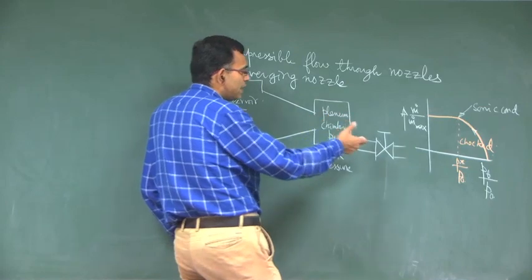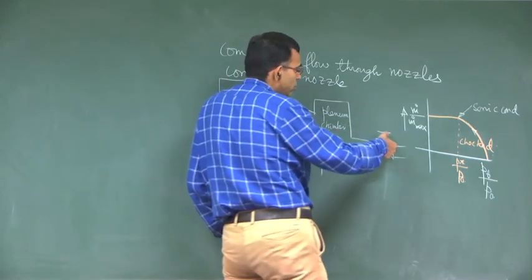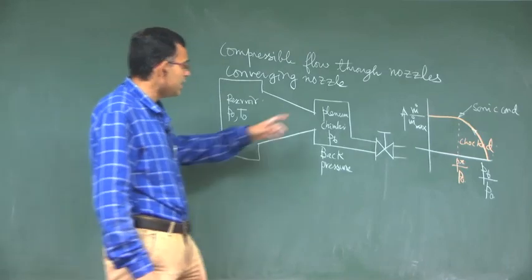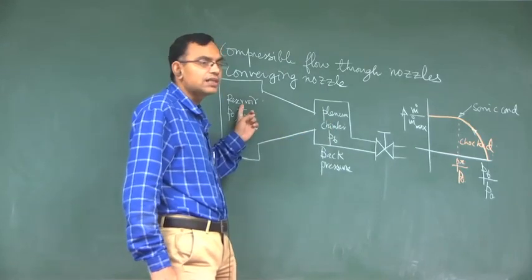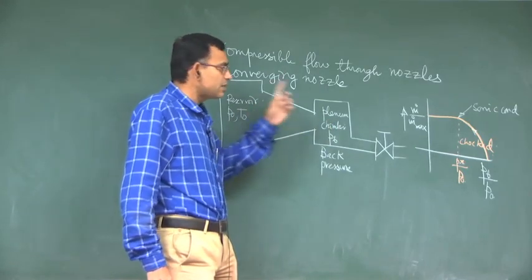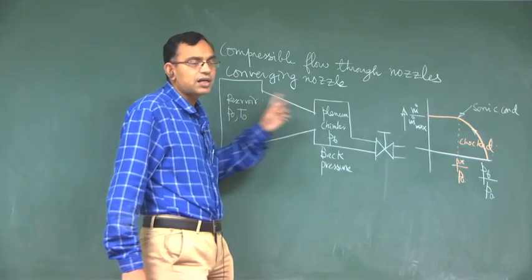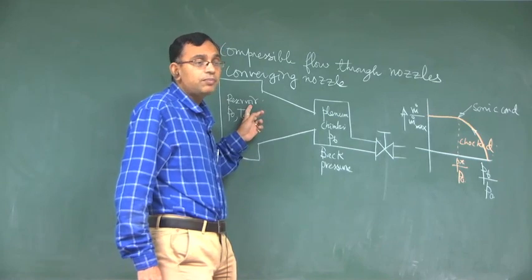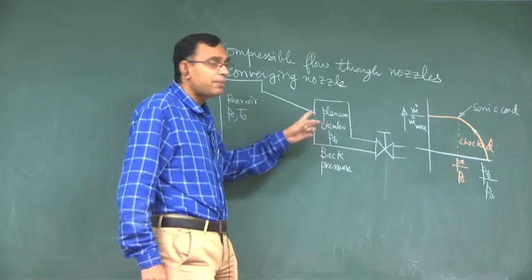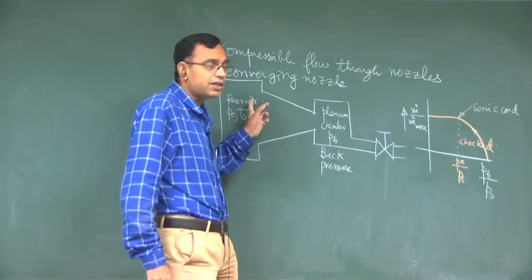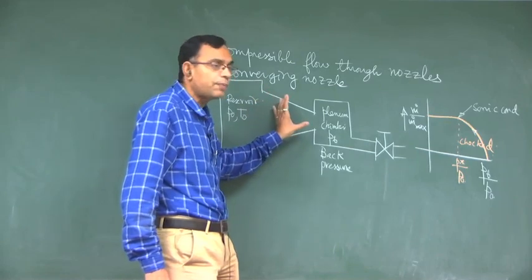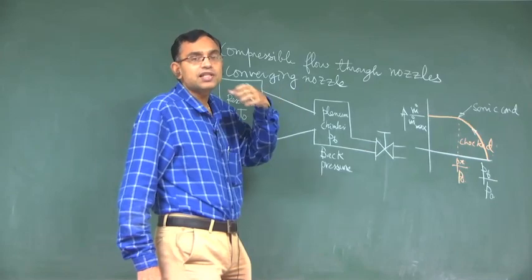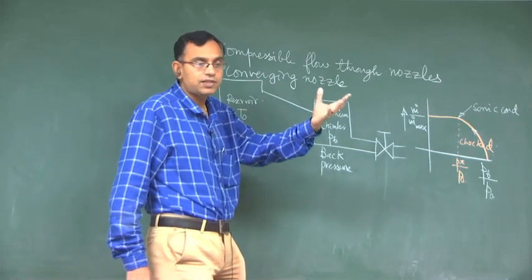So what happens when you reduce this back pressure? There is a messenger from the plenum chamber to the reservoir, it gives the reservoir a message: hello reservoir, I am reducing the back pressure, now it is your responsibility to understand that there is a larger pressure difference and please respond to this with an increase in mass flow rate.